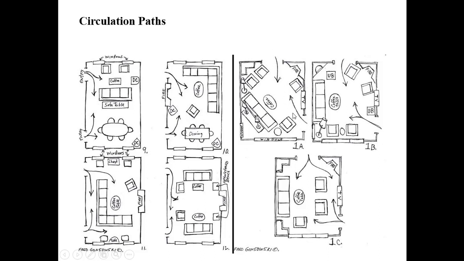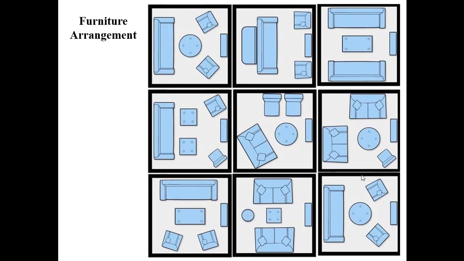Here is cross circulation, and here is cross circulation also, and these are different types of circulation. This is the circulation path in the living room and in the salon or reception. These are the different ways to arrange furniture inside your family room.